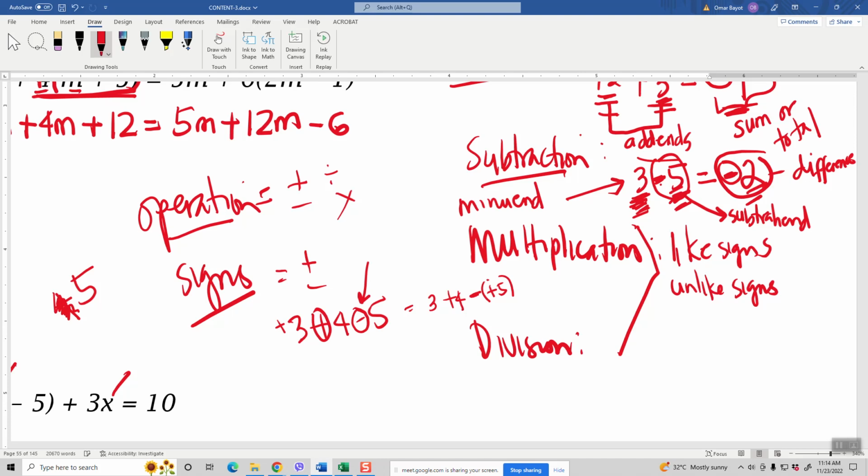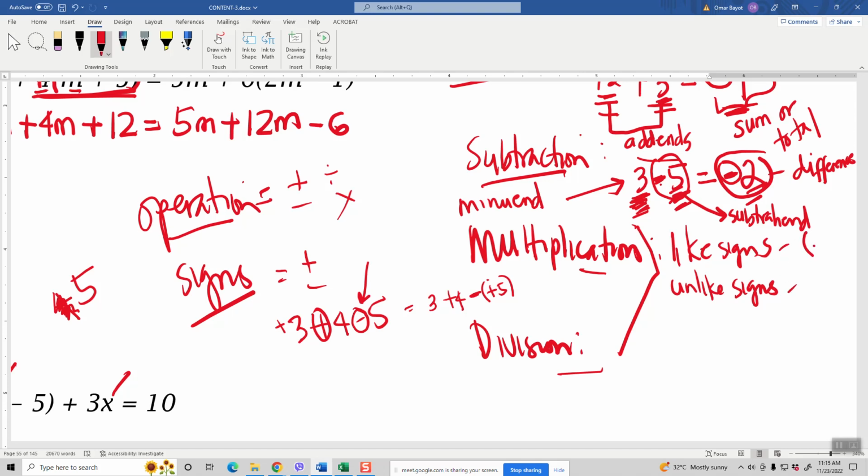So make sure you know where the minuend is, you know where the subtrahend is, and you know what is the answer in subtraction, which we term as difference. Okay, clear?